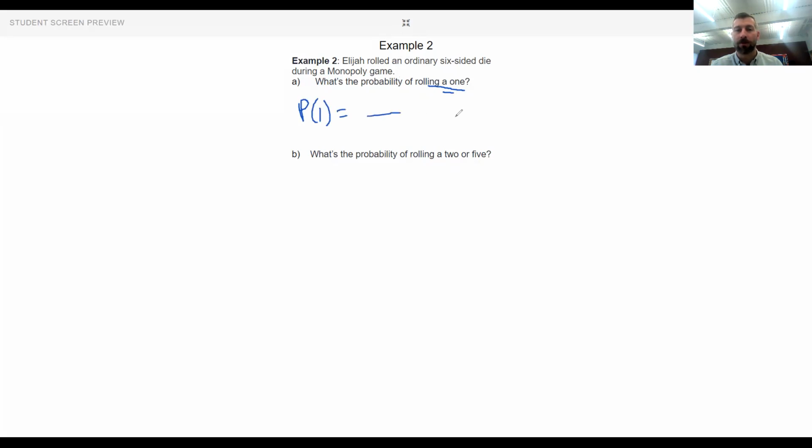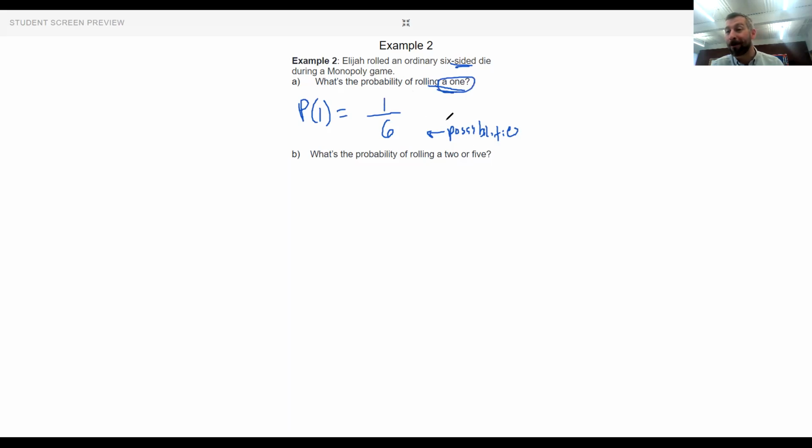And what I would do here is I would first construct a sample space. Well, I know that on a 6-sided die I have 6 total sides. There are 6 possibilities, right? The numbers 1, 2, 3, 4, 5, and 6. And out of those, how many of those are a 1? Well, 1 of them.